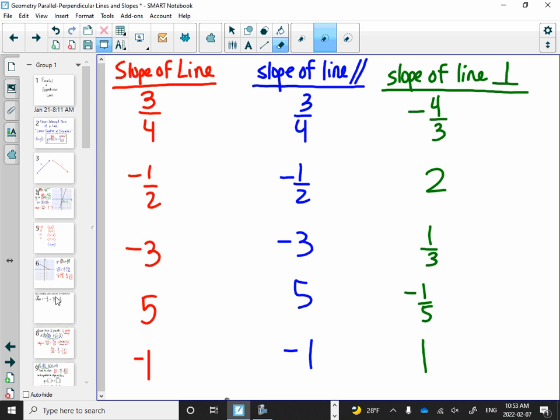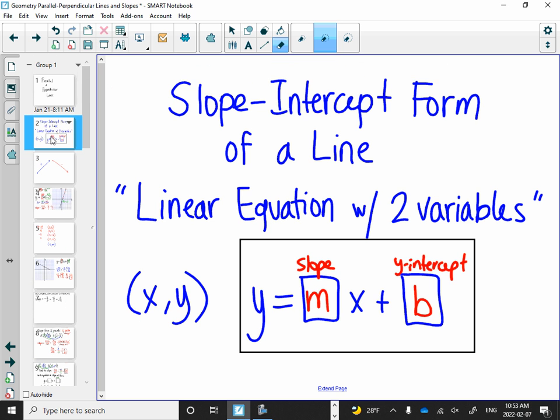Now, with all of that, we also have to review slope-intercept form. Slope-intercept form is the most basic line when we learned in algebra how to graph lines. Y equals mx plus b. That is going to be our friend. Today we're going to learn about other forms of this y equals mx plus b.